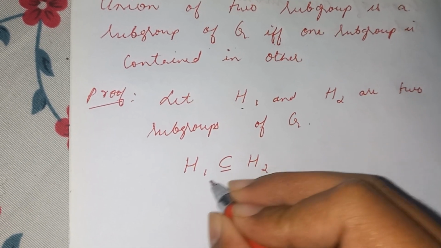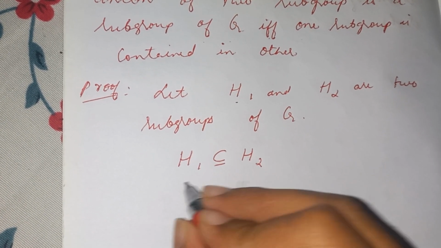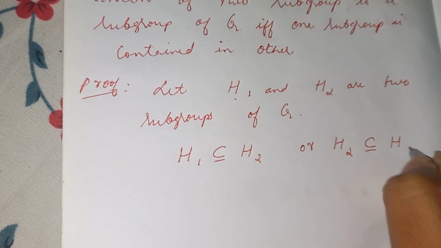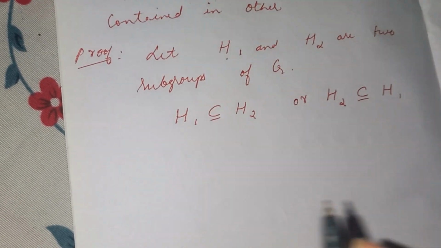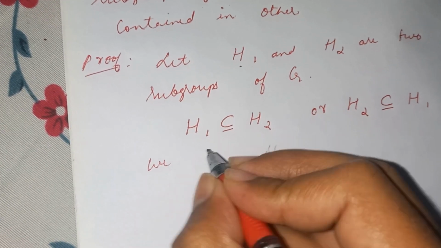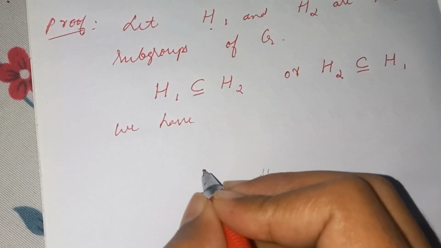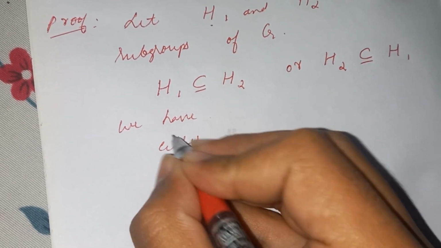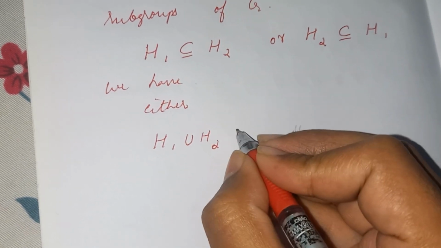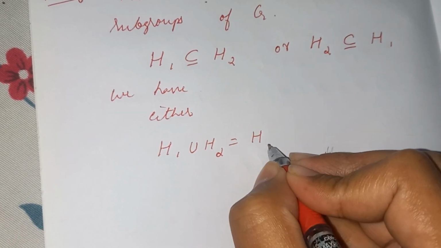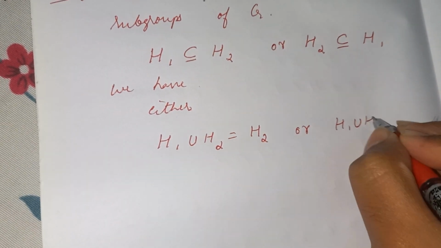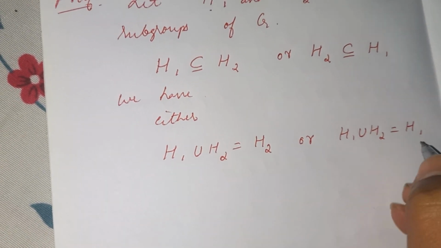It means either H2 will contain H1 or H2 will be contained in H1. So in both the cases we have either H1 union H2 equal to H2, or H1 union H2 equal to H1.